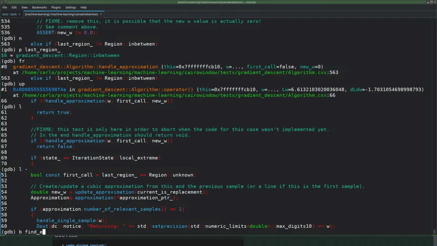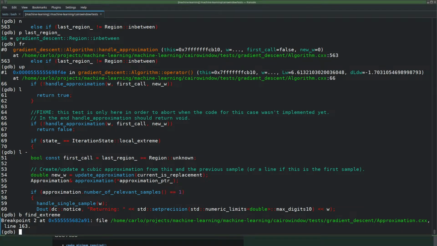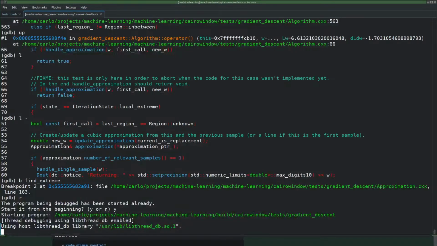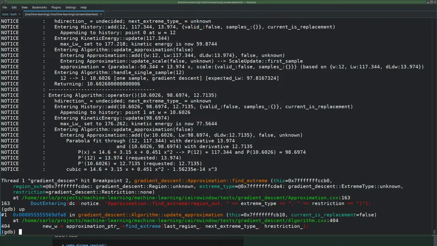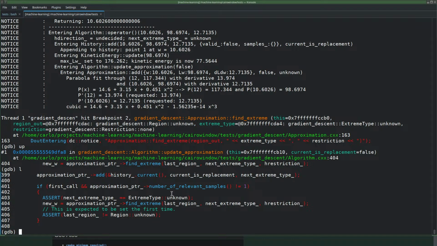Can I set a break on find extreme? Again, amazing. Let's run this again. It's called from update approximation. Okay. Well, among others, maybe it's also called from another place, I'm not sure.